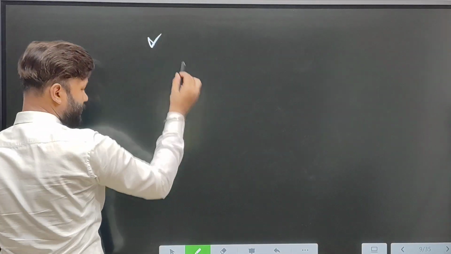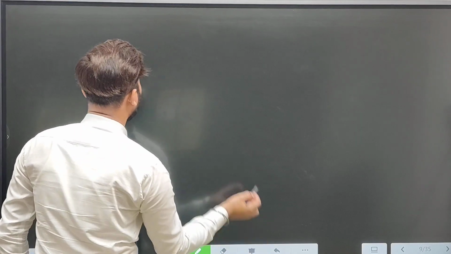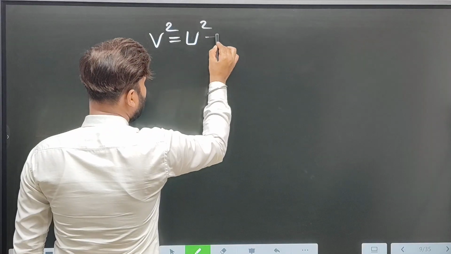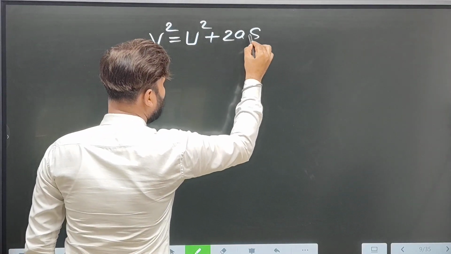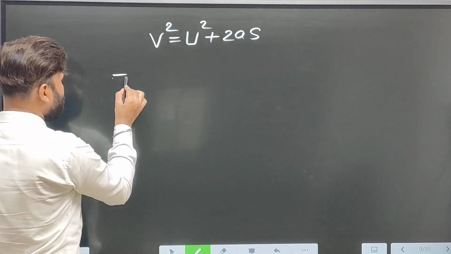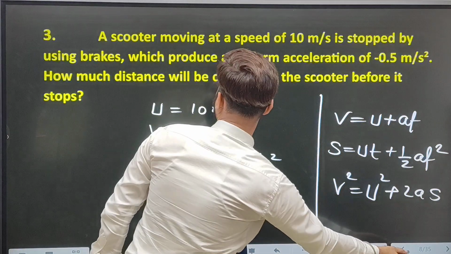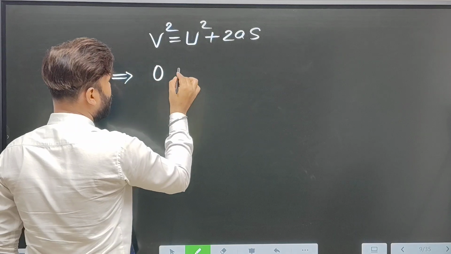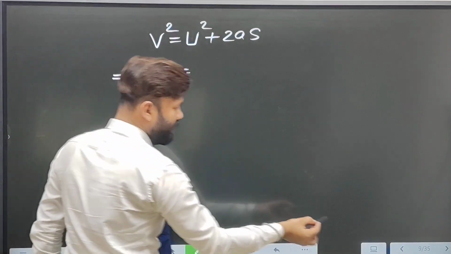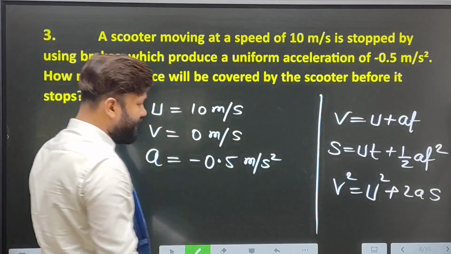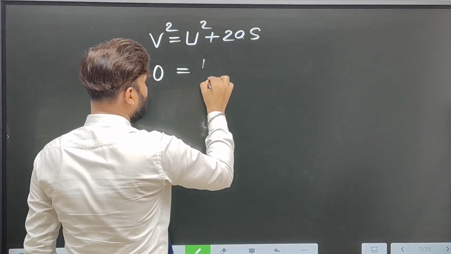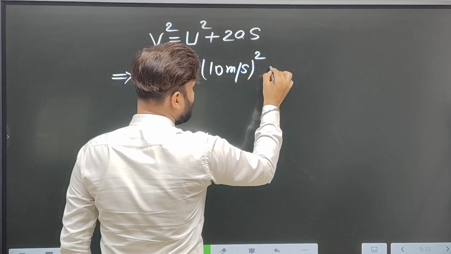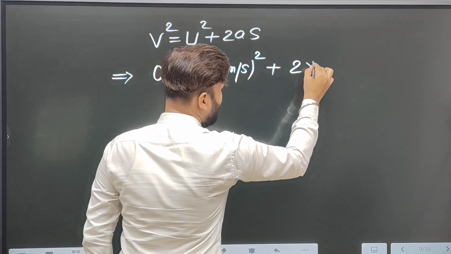So equation number 3, v square is equal to u square plus 2as. So how much is v given, students? 0 meter per second. So 0 square is 0. Initial is given as 10 meter per second, so 10 meter per second square plus 2 multiply a.